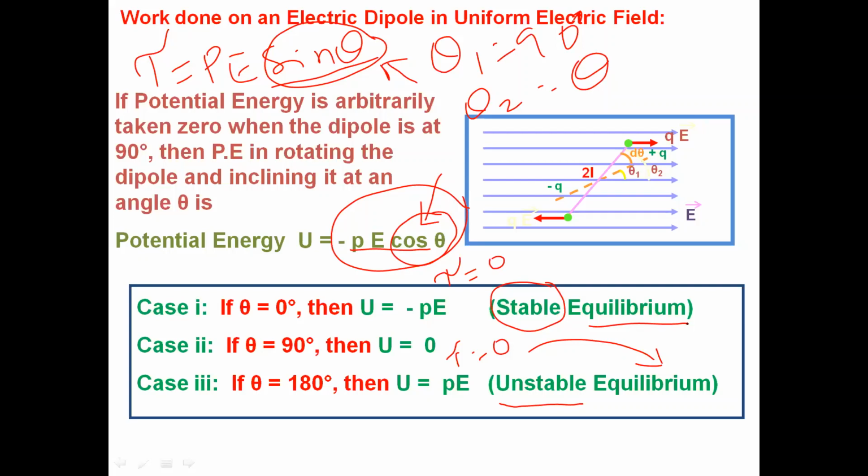There can be an objective type question to discuss when the electric dipole will be in stable equilibrium and when it will be in unstable equilibrium. The electric dipole will be in stable equilibrium when it is placed parallel to the electric field, and in unstable equilibrium if it is placed anti-parallel to the uniform electric field.